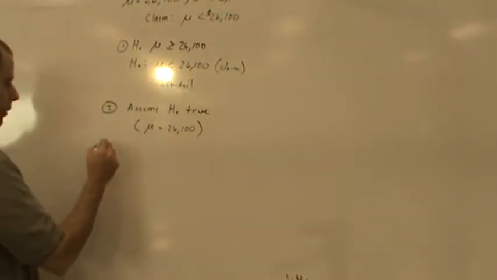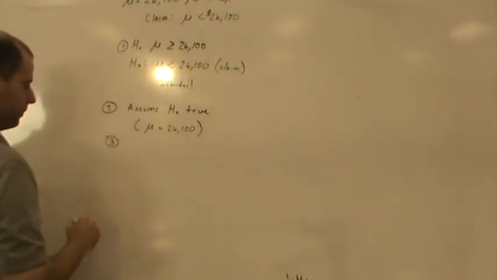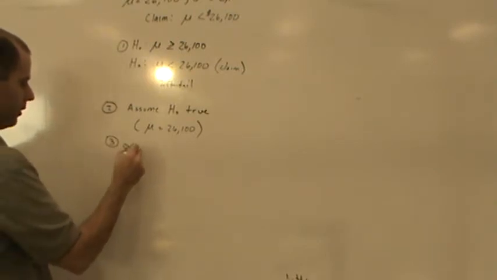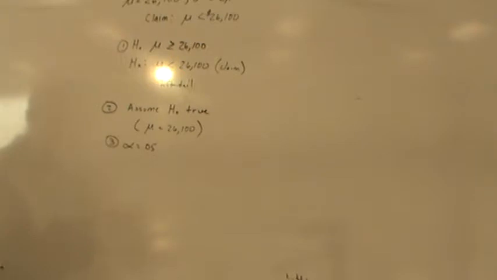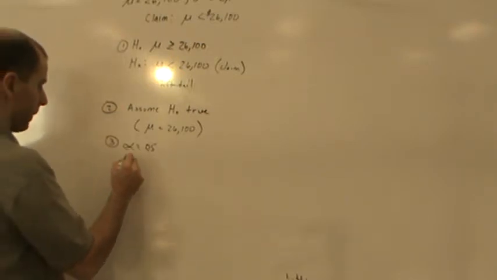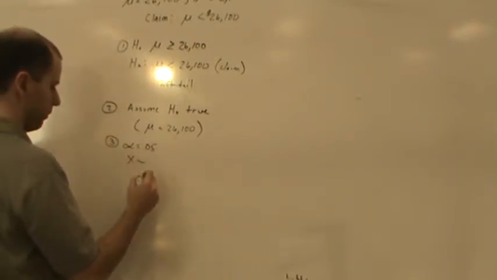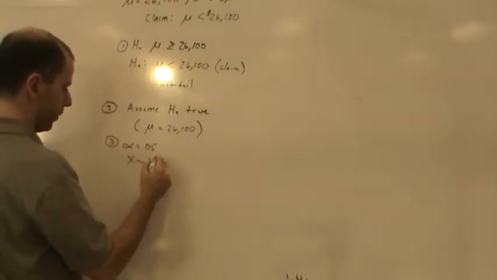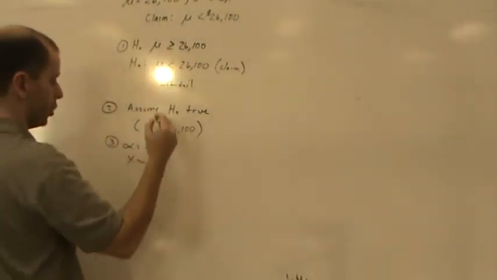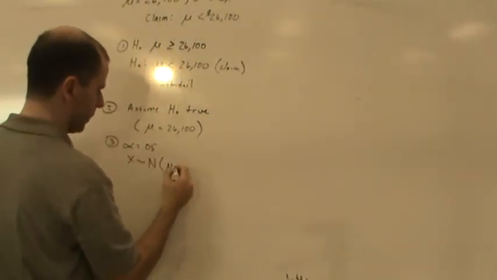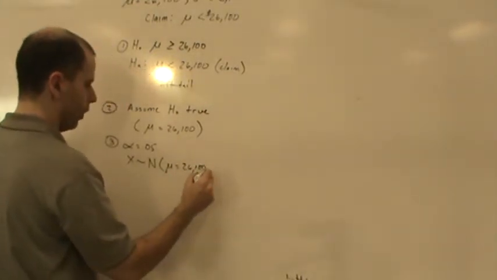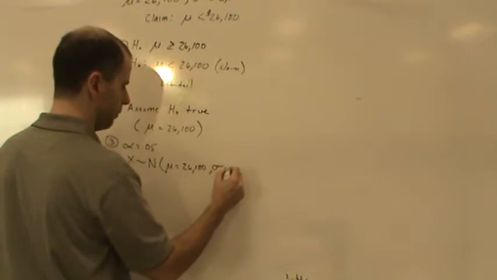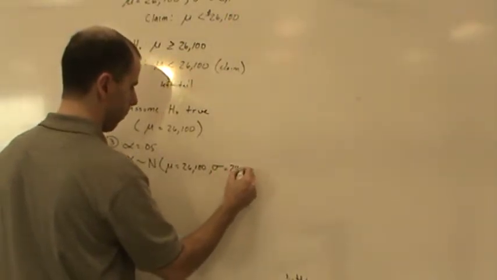And so now going forward under that assumption, we're going to use an alpha level of 0.05 because that's what they give us. We know the population is normally distributed, right? So it's normally distributed with an assumed mean, mu naught. We're assuming the mean is equal to $26,100 with a standard deviation of $2,400.